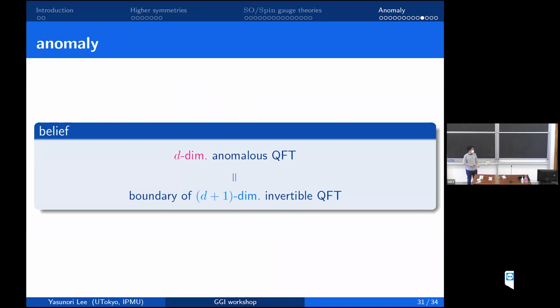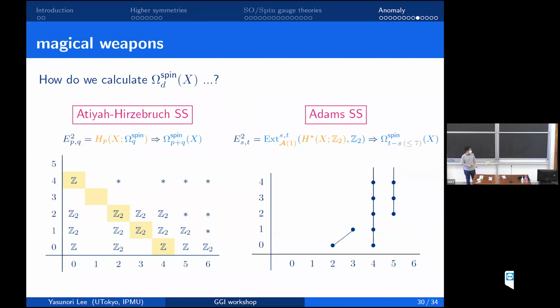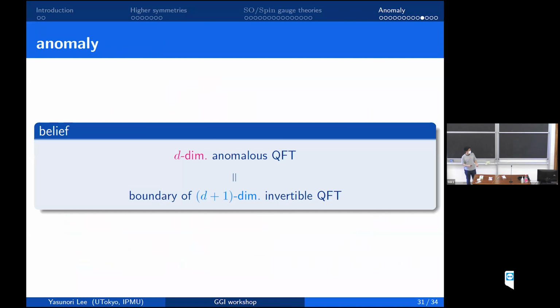So yes, that was the story about invertible QFT and Bordism. And so how are they related to anomalies then? So the point is that we believe that any d-dimensional anomalous QFT is realized as a boundary of a one-higher-dimensional invertible QFT, which sounds quite reasonable from various anomaly inflow examples.